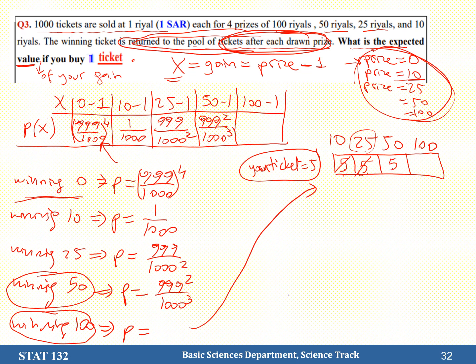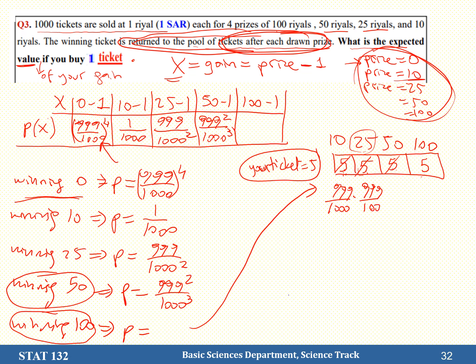So if you want to win 100, the drawings will not show 5, not 5, not 5, but at the end the drawing will show 5 and you will get it. So what's the probability of getting not 5 here, and getting 5 here? It's 999 over 1000.